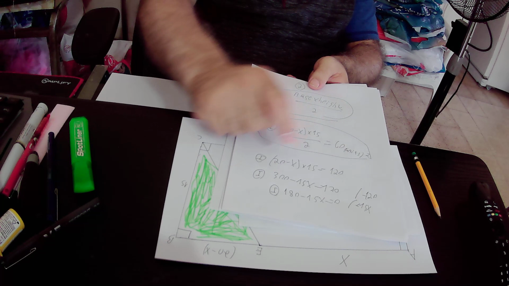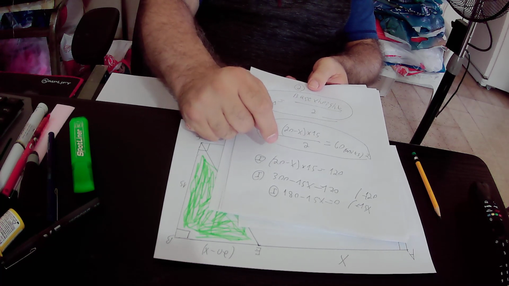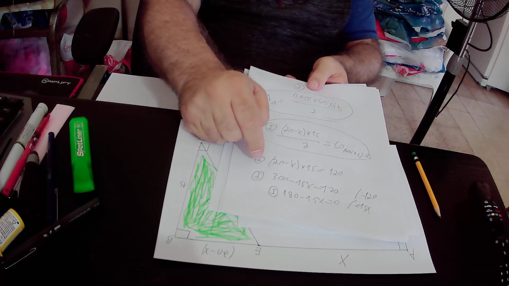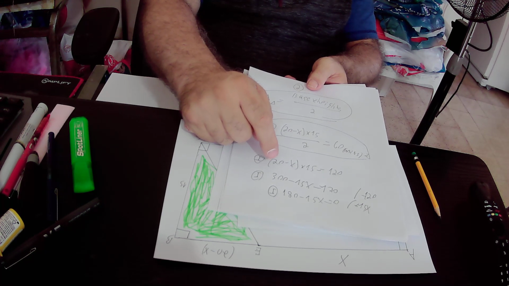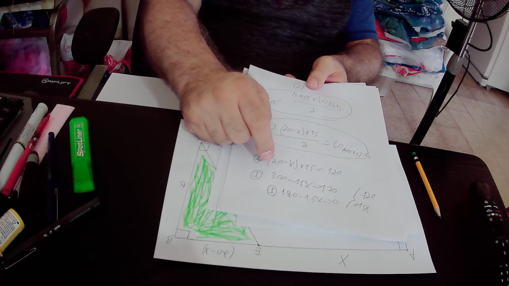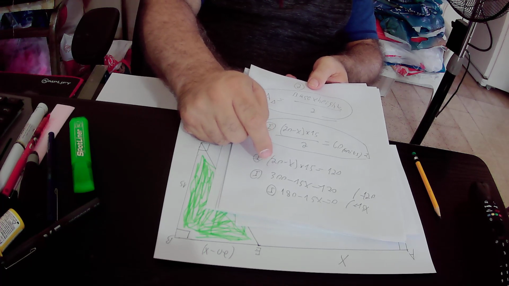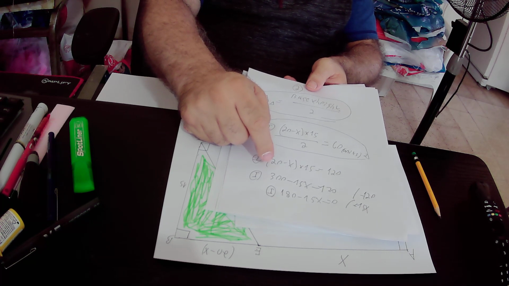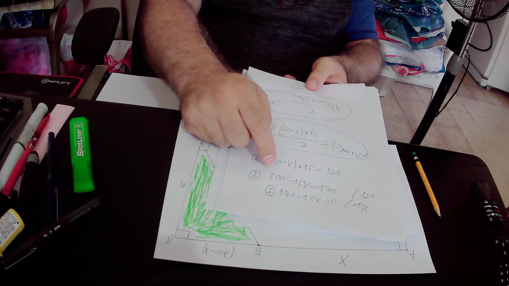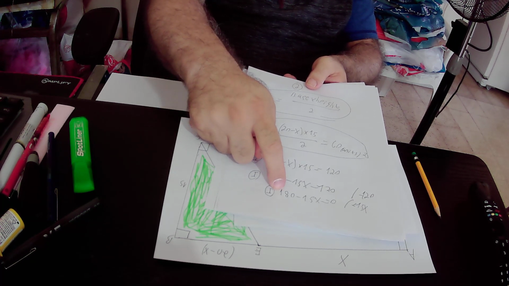We subtracted 120 from 300 and we got that 300 minus 120 equals 180.